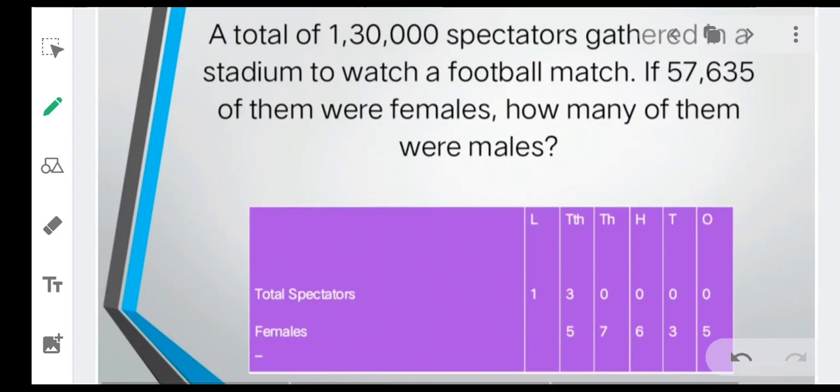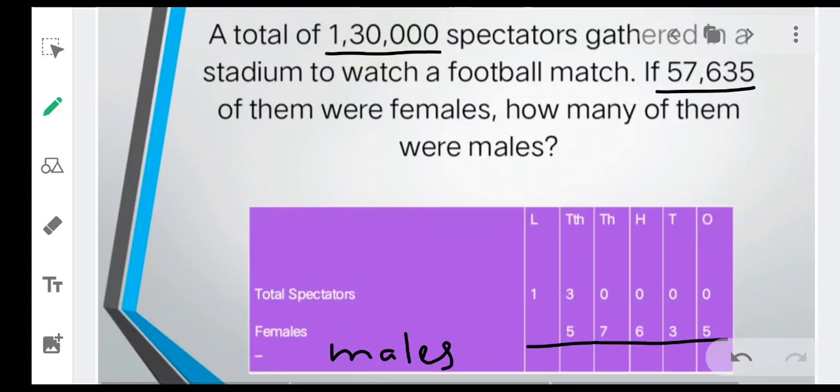Yes, students, you have to subtract: from the total number of spectators, you have to deduct the females. When you do this, you get the final answer, that is, how many males there are.